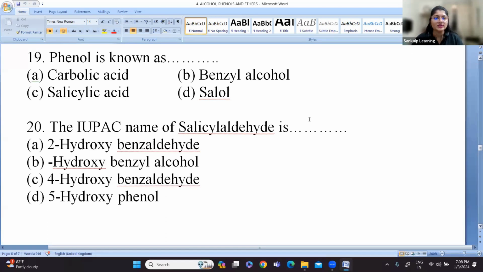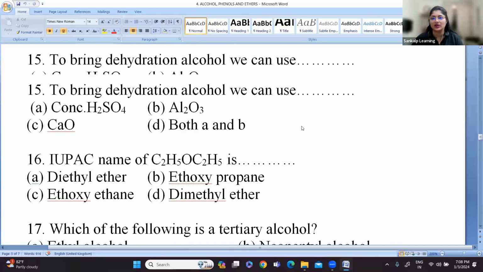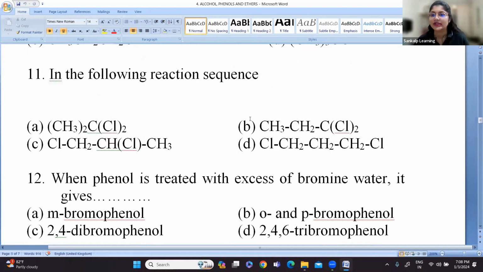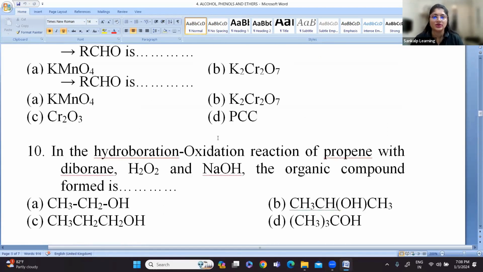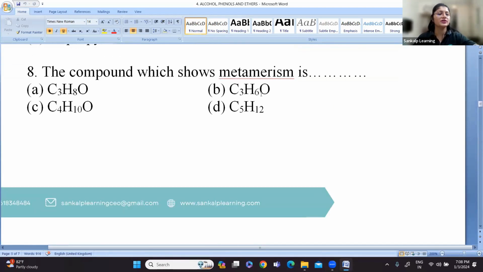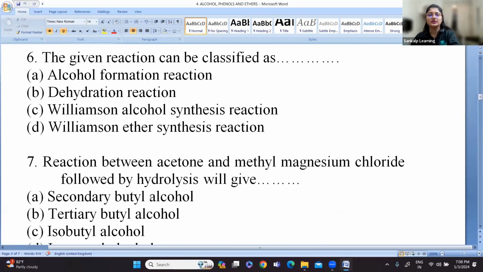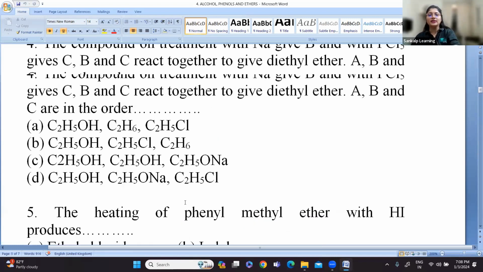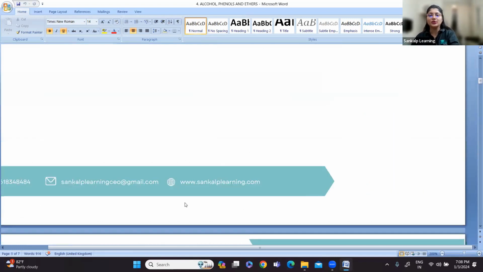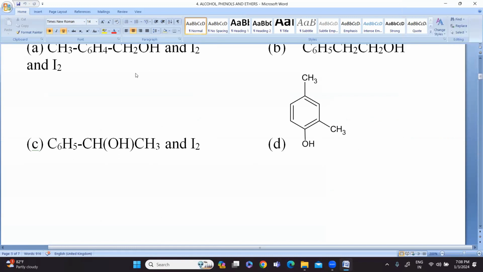If you have any doubts regarding this particular chapter, you can ask me, or else I'm going to go to the next chapter, that is biomolecules. We have enough time.